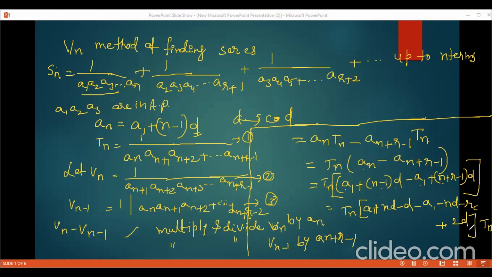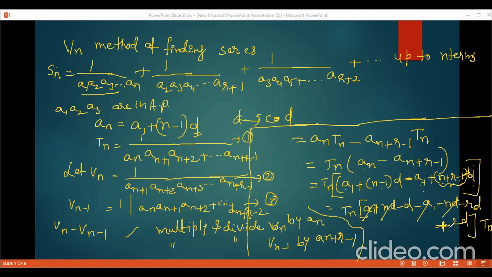Because of r minus 1 here, I have to write one more minus 1, so that you will get minus 2d. Minus 2d, because of the negative sign, becomes plus 2d. This total thing is n minus 1, A plus (n minus 1) into d, in that way I have written. Now you observe plus A1 minus A1, plus nd minus nd, and then this is rd.